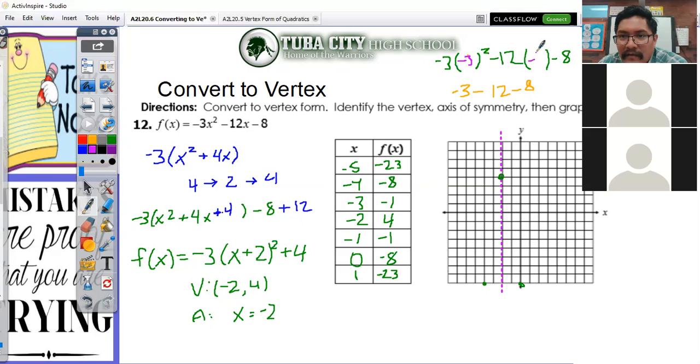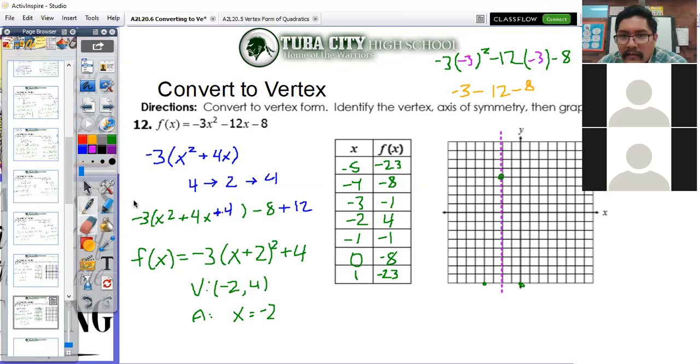So negative 3 squared is 9. So that'd be negative 27, and this would be plus 12 times this would be 36, and that would actually make this positive 1. Put those together, you get positive 1.